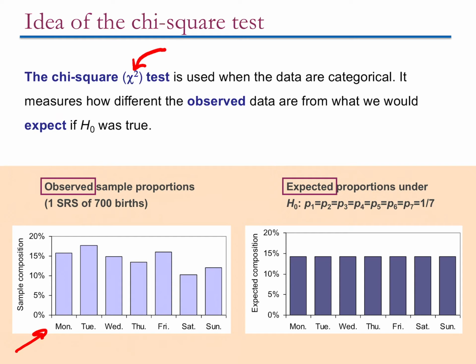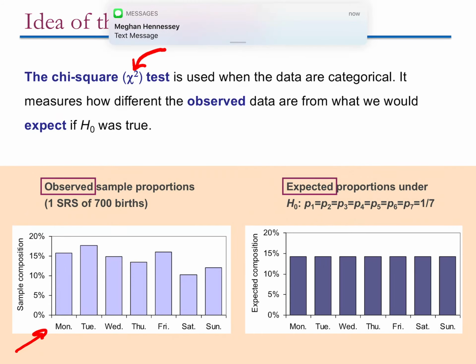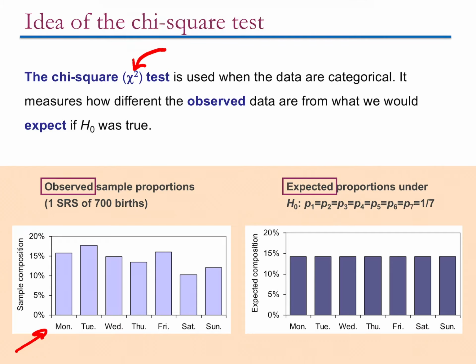We have a data set of 700 births, and I actually think this is for an Australian city. I don't know over what time period this would have been necessarily, but if you have some number of births and everything is at random, there wouldn't be any reason to expect that you would get more or less births on any given day of the week.